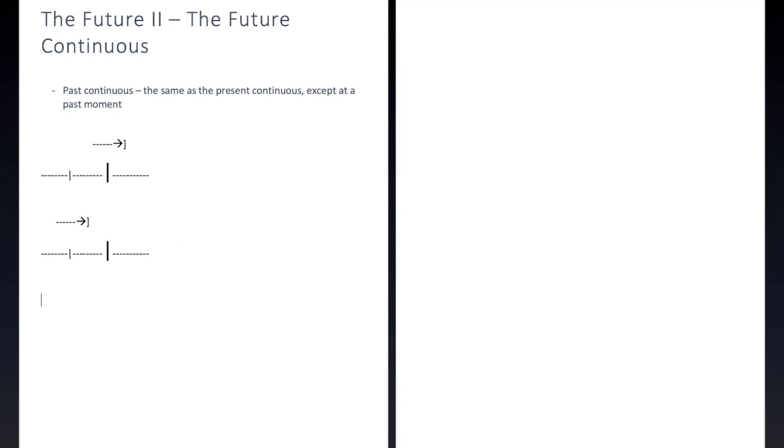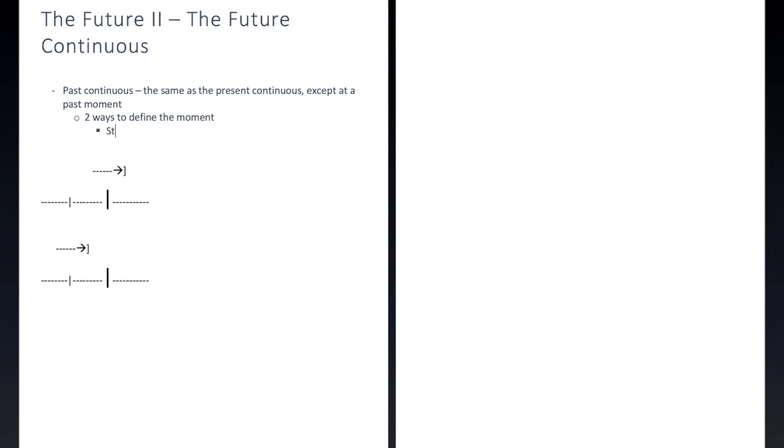What we learned when we talked about the past continuous is that we needed to have this past moment somehow. And there are two ways to what I call define this moment.